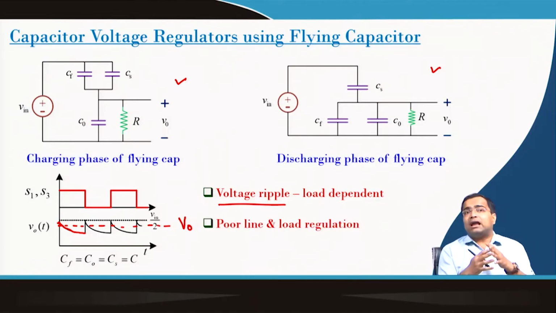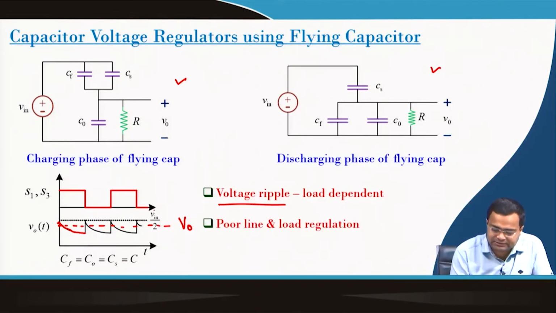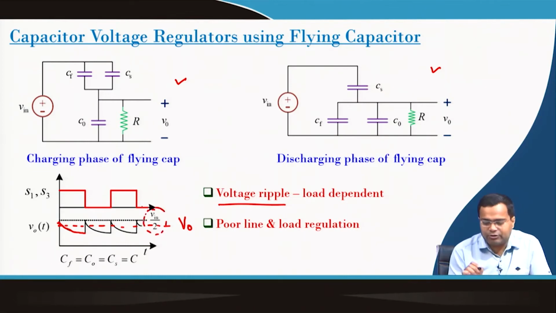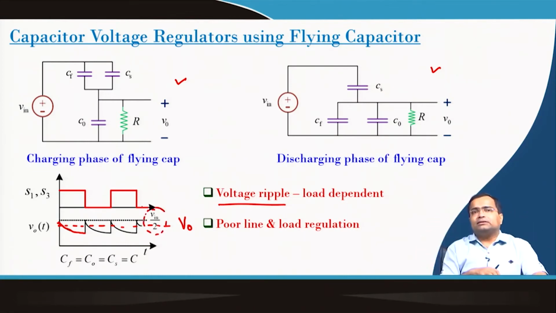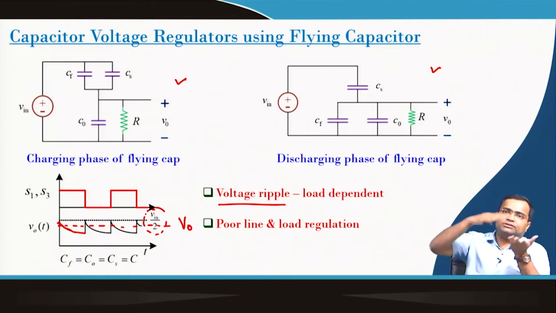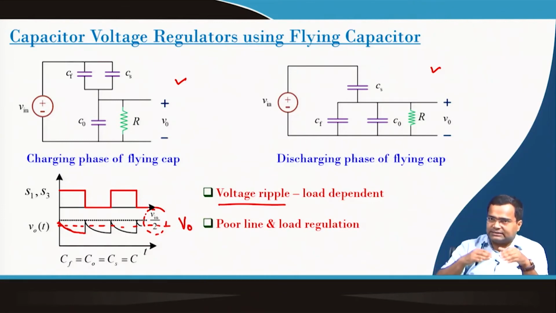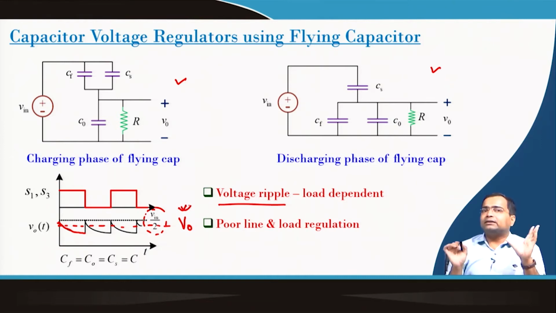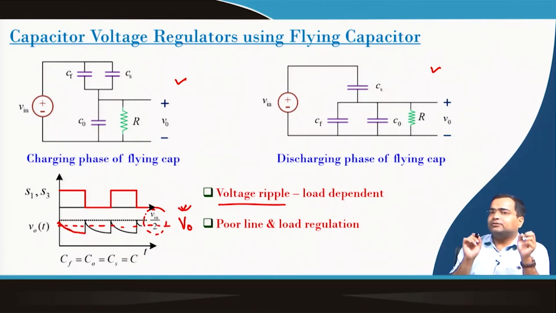It also has a poor line regulation, because this Vin by 2, which is the peak voltage, is dependent on the input voltage. If the input voltage increases, this voltage goes up. If the input voltage decreases, this voltage goes down. This peak voltage is Vin by 2, that means it can achieve half of the input voltage.